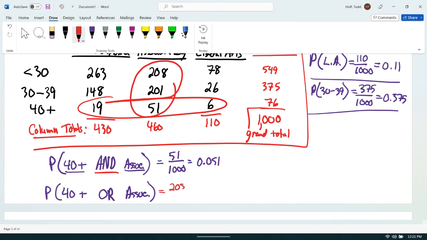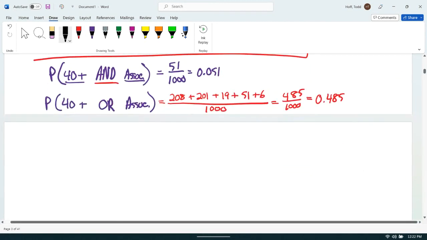So we have 208 plus 201 plus 19 plus 51 plus 6 out of 1,000 total. So if I add those up, what do I have there? 485, it looks like, out of 1,000, giving me 0.485.